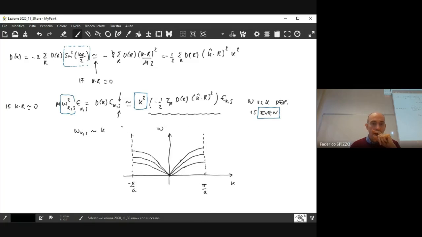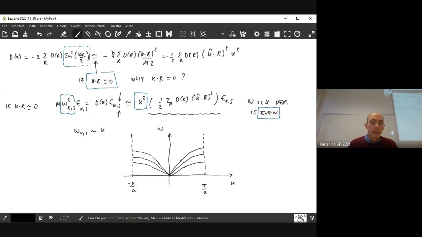And now an important comment concerning this approximation. Why should k scalar product R be small? Because in principle you may say, okay, if the wave vector is close to the origin, then the first term here is small.